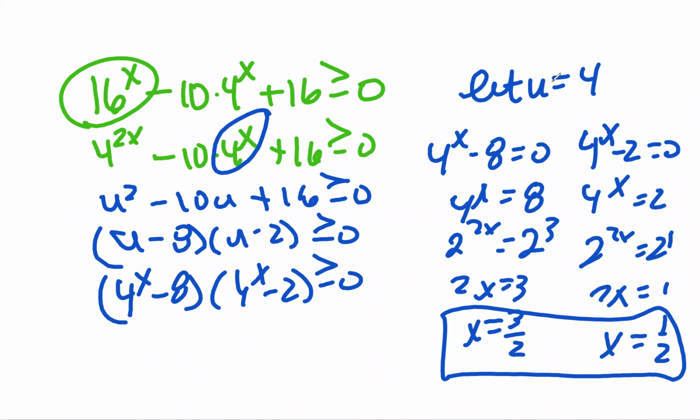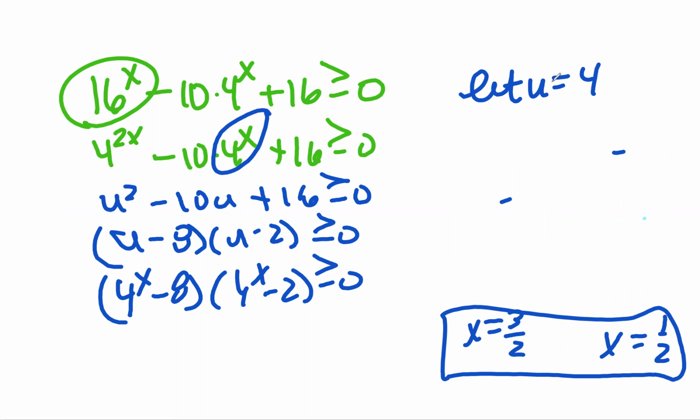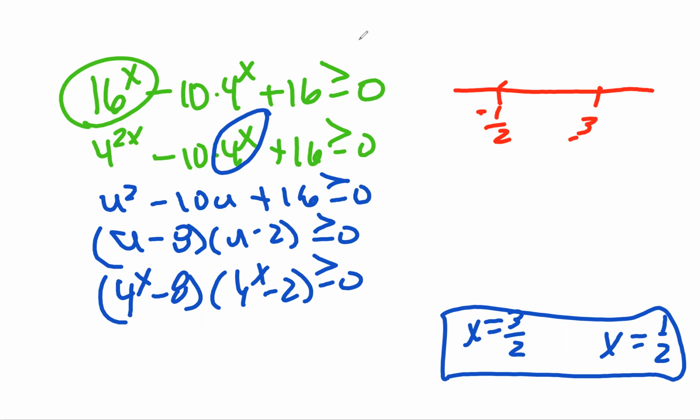So now I want to think about what my answer is going to look like, because I have to deal with my inequalities. And I can do the problem two ways. I can either use sign patterns or I can use graphing. So if I said I'm doing graphing, I would have 1 half, and I would have 3 halves.